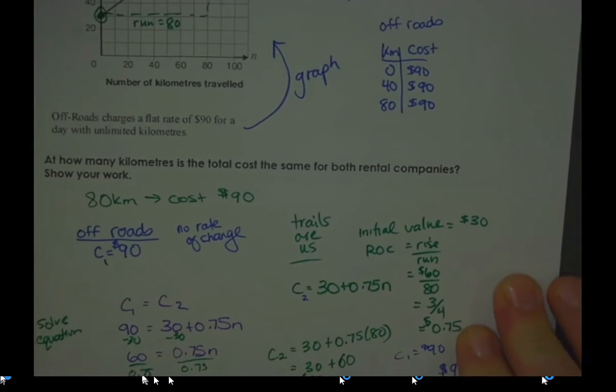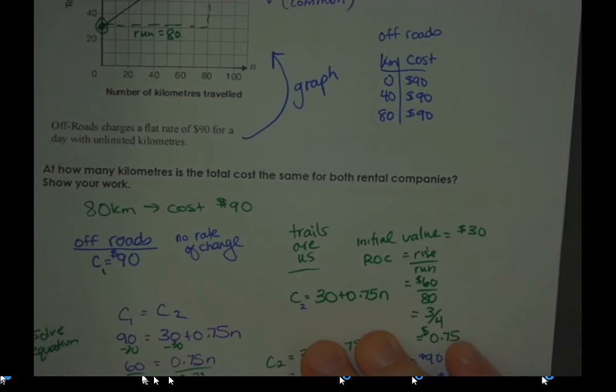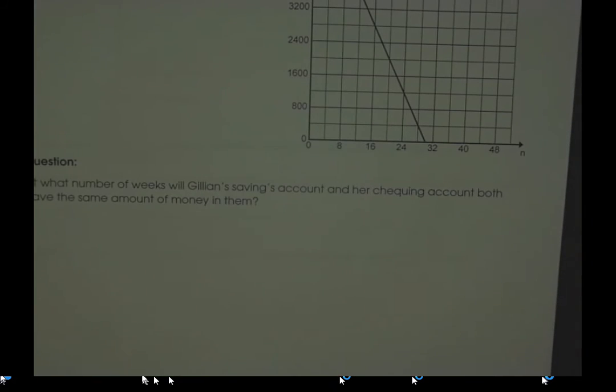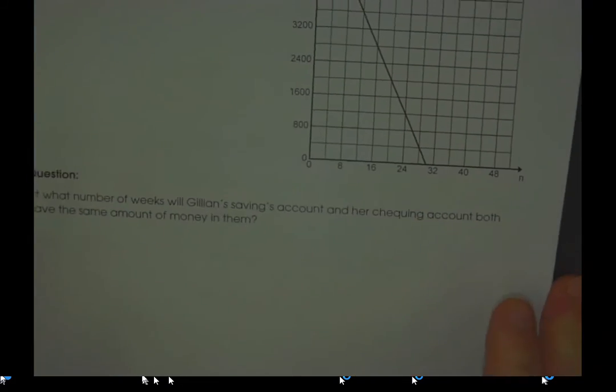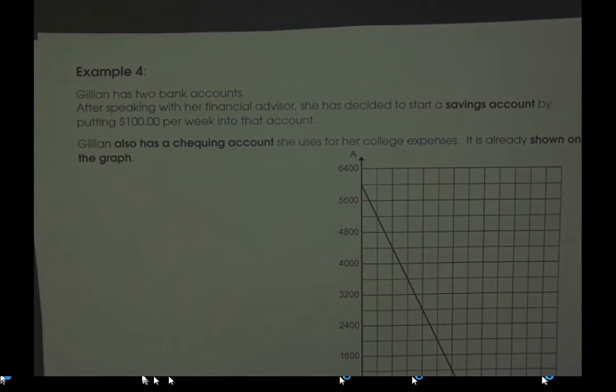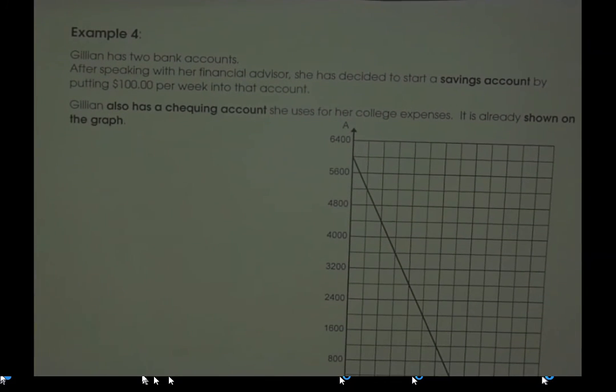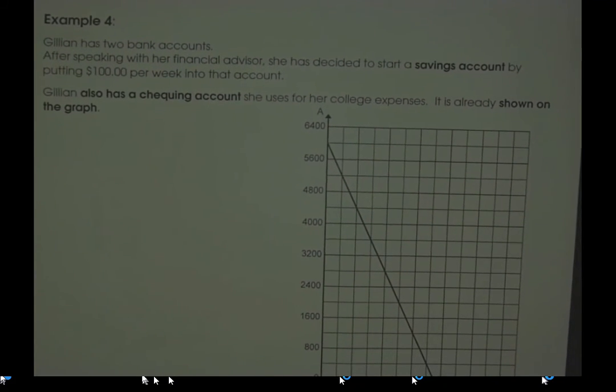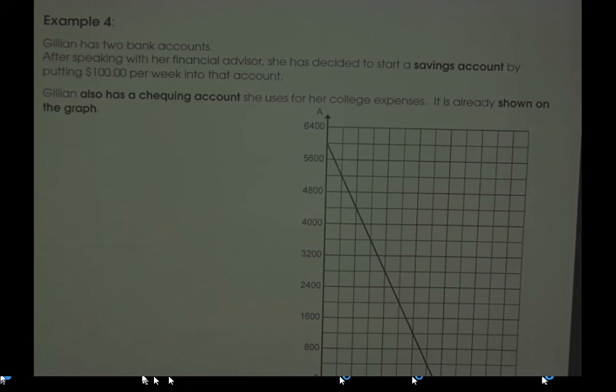All right. Show you one more. Here we go. So Jillian's got 2 bank accounts. After speaking with her financial advisor, she decided to start a savings account by putting $100 away per week into that account.